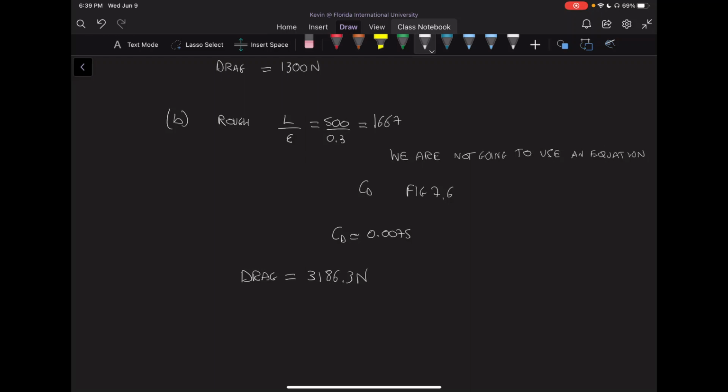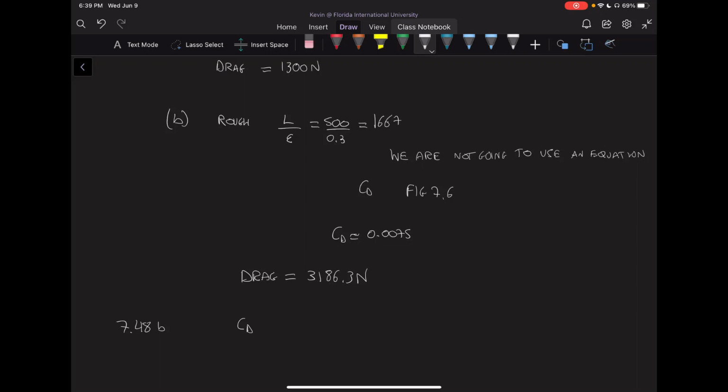So just like the Haaland equation in our pipe flow, we also have a set of equations that we can use for our flow on flat plates. And this equation follows. It's equation 7.48b in your book.